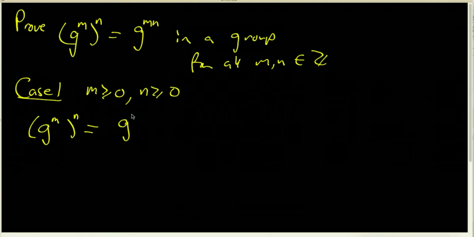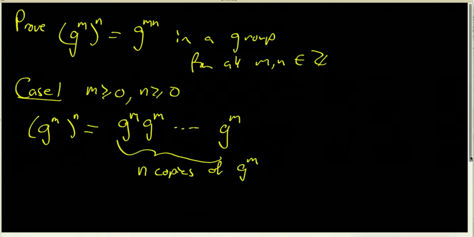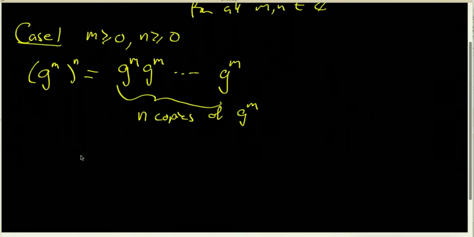We have g to the m times g to the m all the way up to g to the m, and we are looking at n copies of g to the m. But each one of those g to the m's itself can be replaced by m copies of g.